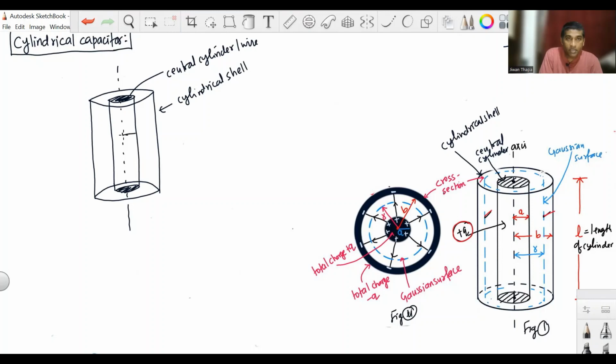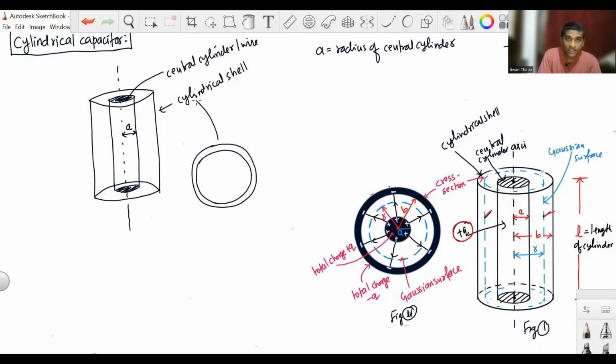and let A be the radius. So I'm writing over here, A be the radius of the central cylinder. Now the cylindrical cell has some thickness, and we take the inner radius of the cylindrical cell, and let B be the radius, that is the inner radius.